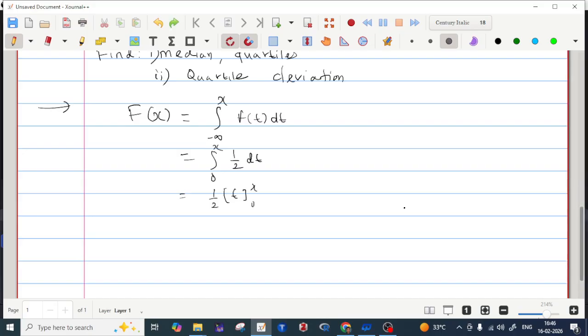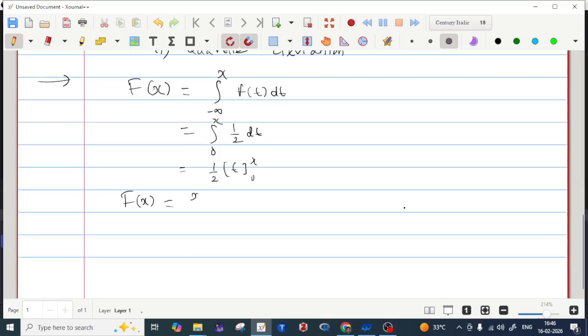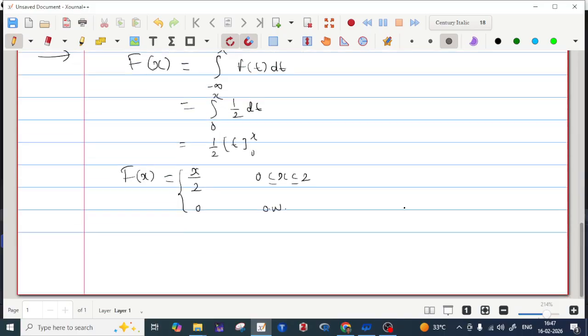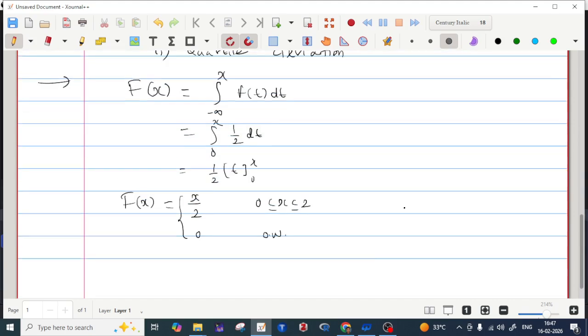So capital F of x is x upon 2 for 0 less than or equal to x less than 2. So here we have obtained capital F of x.